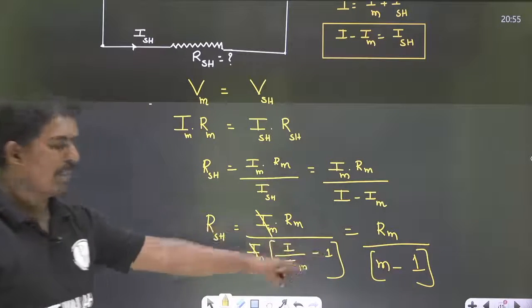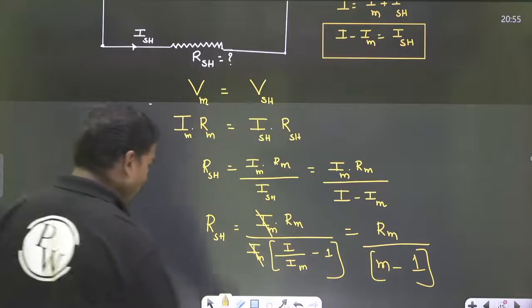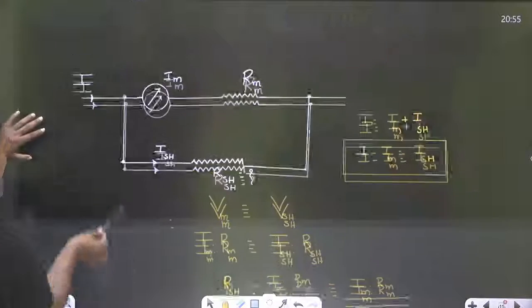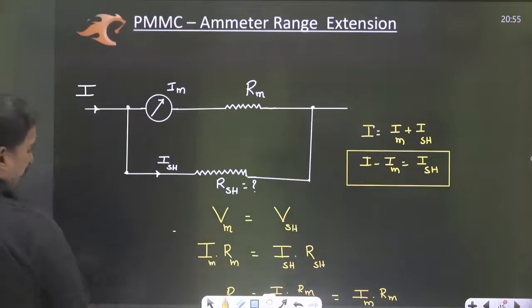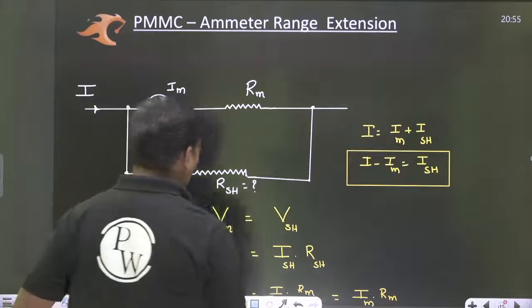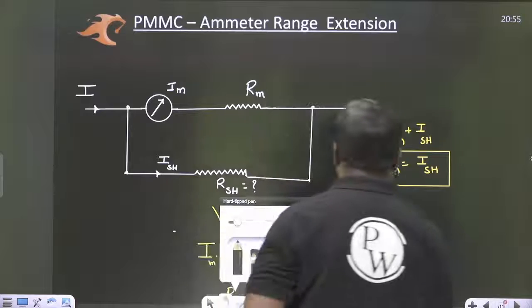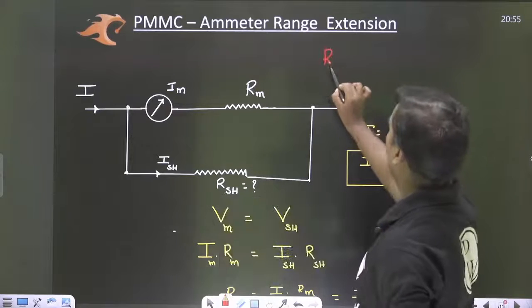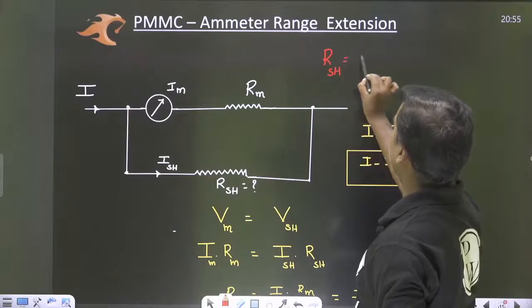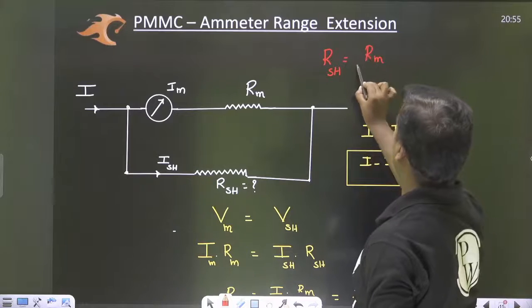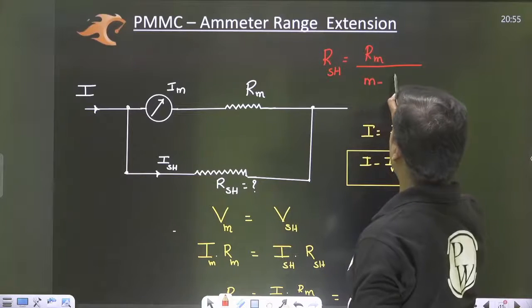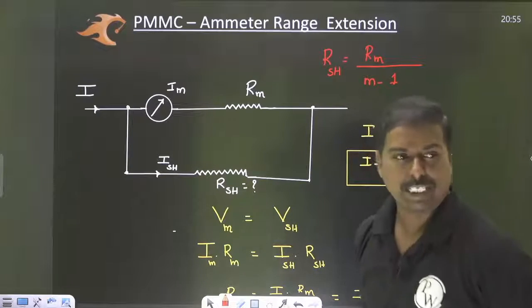Okay. M can be taken as the multiplying factor. So what I want to say here is, this particular meter resistance, we want the RSH, right? So please note down this formula. RSH is equal to Rm by M minus 1. So this is the expression.